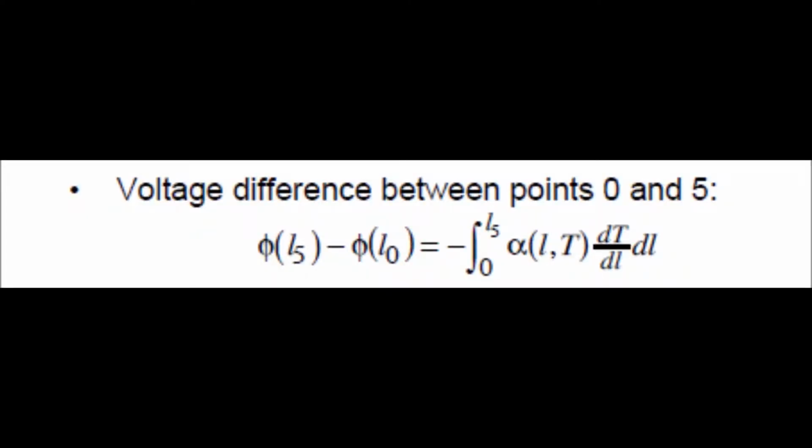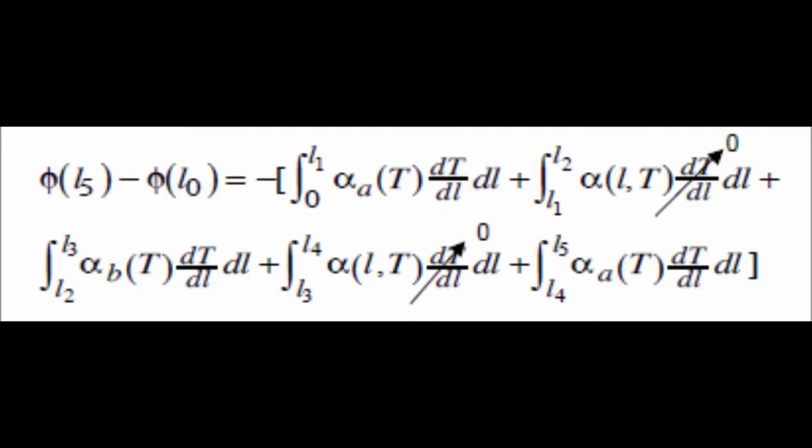Voltage difference from point 0 to point 5. Open circuit voltages arise from regions where dT/dL is not equal to 0. Note that although regions A and B are known, LT in the joints is unknown. Joints must be in regions where dT/dL is equal to 0.